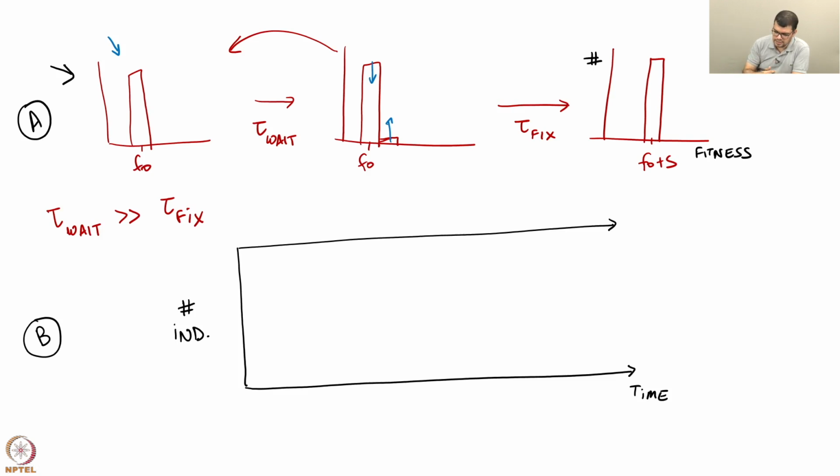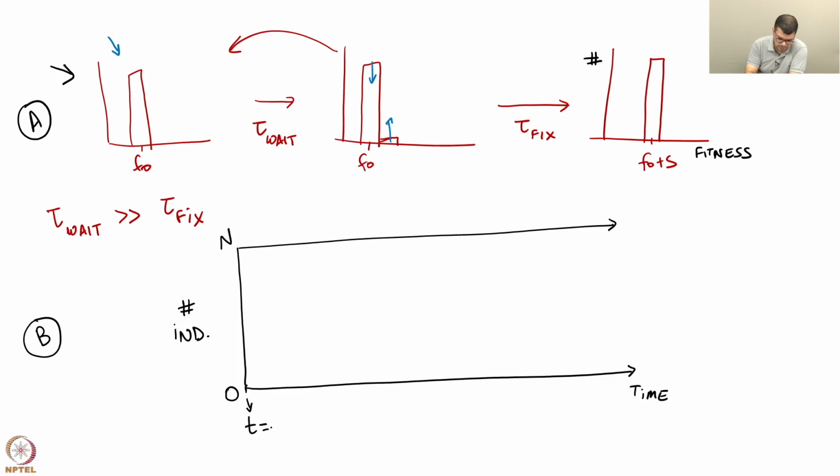On the other hand, in the second one, the graph is between time and number of individuals, and there is no mention of fitness per se, although it does make an appearance, as we will see in just a little bit.